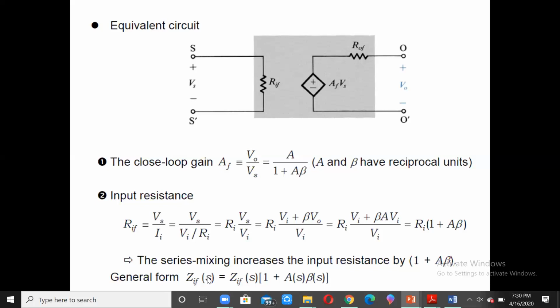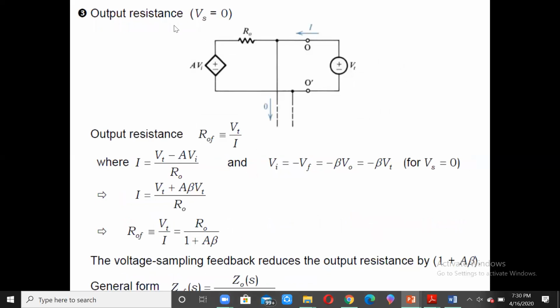S is the Laplace variable, and we can substitute j omega in place of it as a function of S. We have written here the input impedance with feedback, and that is equal to Zi. This should have been just Zi, not F. F should not be there. This is the input impedance without feedback multiplied by 1 plus A(s) beta(s).